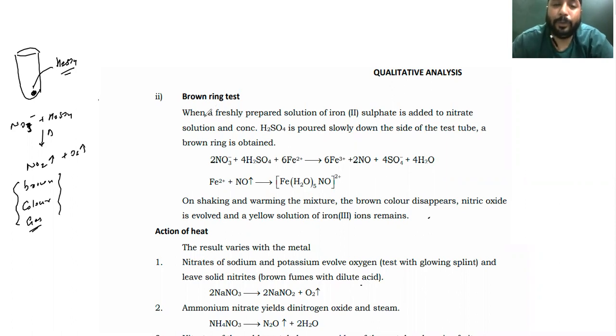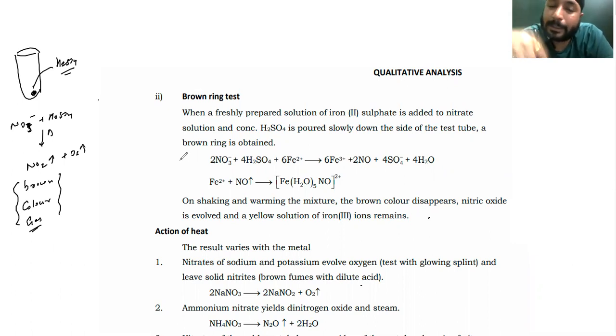Now when a freshly prepared solution of Fe2+, again FeSO4, is added to nitrate solution and concentrated H2SO4 is poured slowly. Understand that in the last brown ring test, I actually poured FeSO4 from the side of the glass rod. Here, I'm not pouring FeSO4.